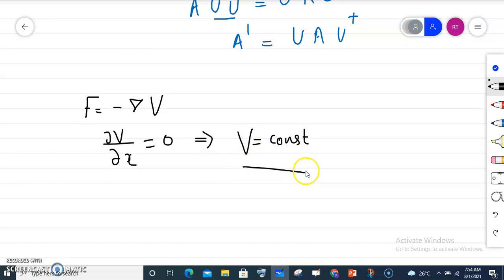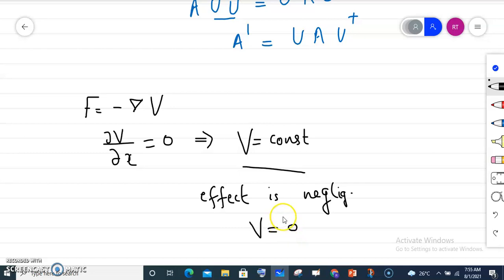When the particle experiences a constant potential, we can say that the effect of potential is negligible, or we can say that the particle feels the effect of potential everywhere equally, so that we can consider V as 0.